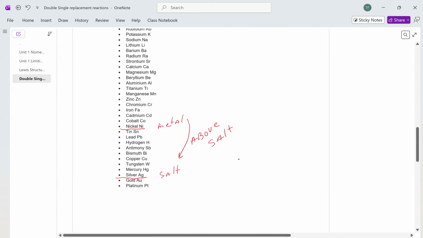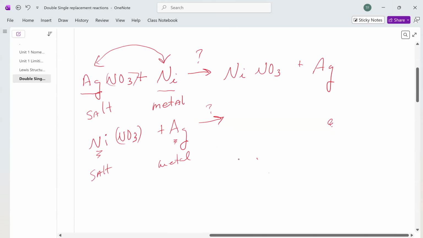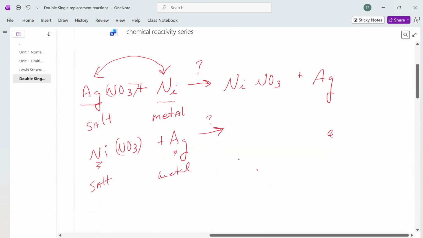Is the silver above the nickel in this case? No, it's opposite. Below. Exactly. So if the metal is below what's in part of the salt metal, then the reaction won't happen. So this would be a no reaction.